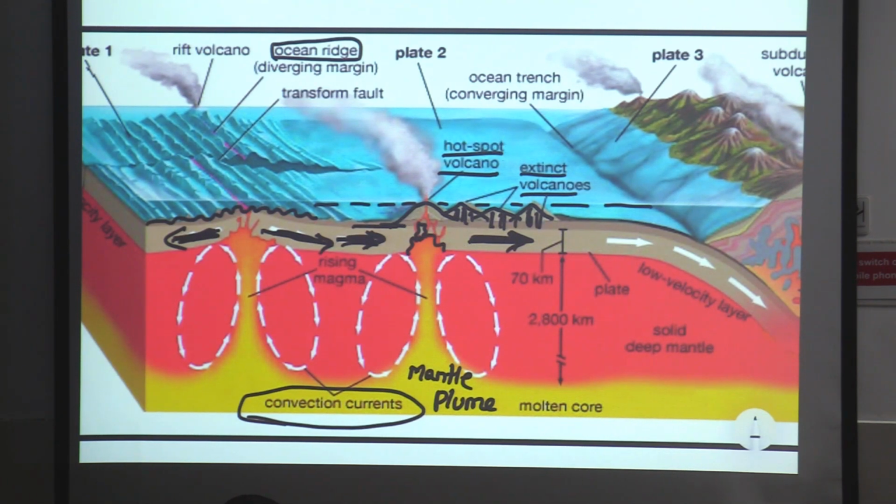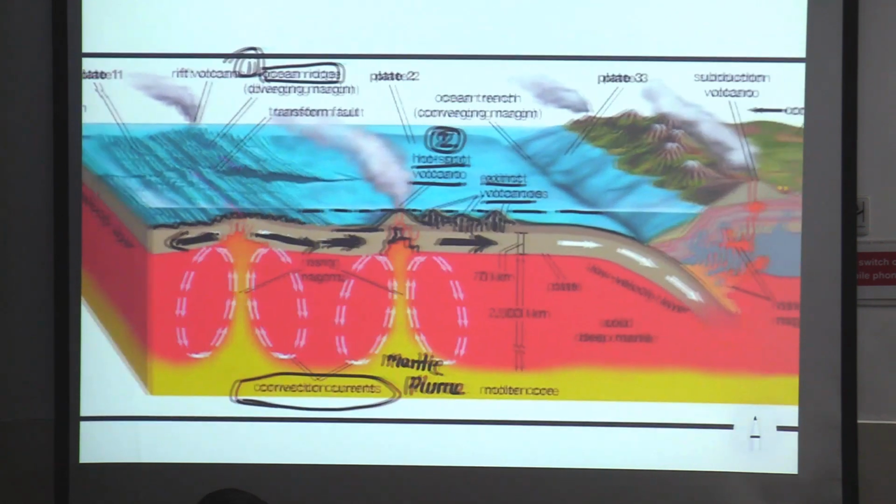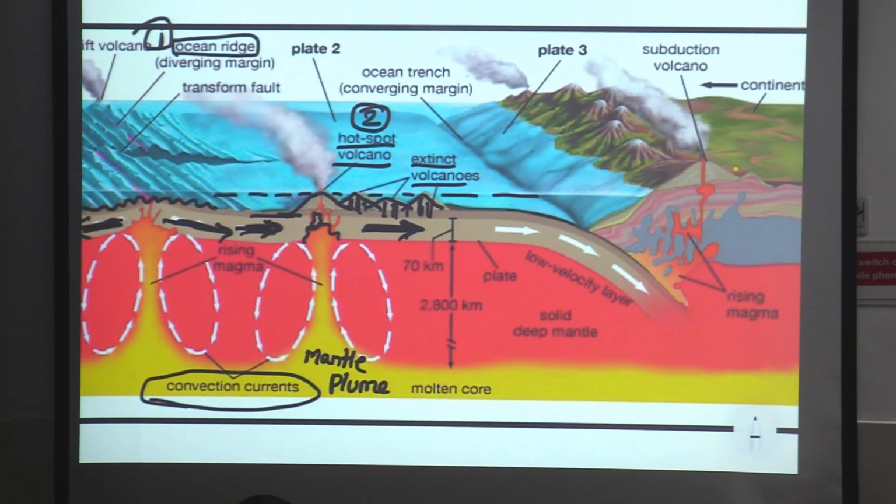So feature number 1 that I have noticed in ocean floor will be ridge. Feature number 2 that I will be noticing will be hotspot volcano. And what will be the feature number 3? Feature number 3 will be, as I continuously move towards continental crust, I, being heavier because I am made up of basalt, I am basaltic crust, will subduce.